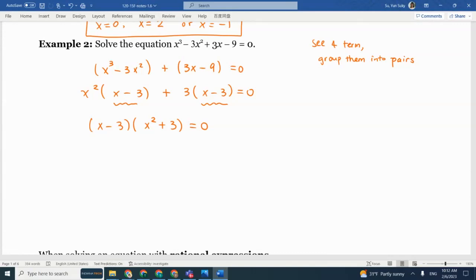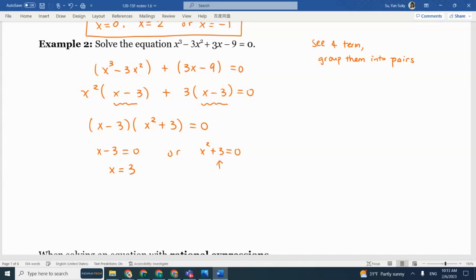All those formulas, write them down on a piece of paper and then tape it on your restroom door so you see everything. So therefore we get x minus 3 is 0, or x squared plus 3 is 0. What's x?